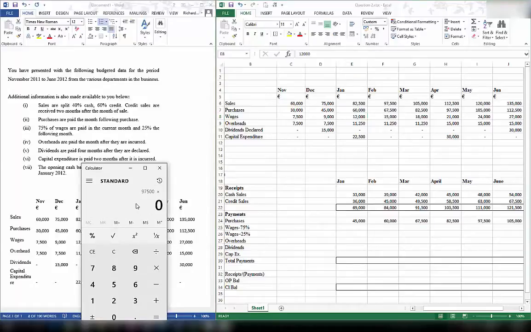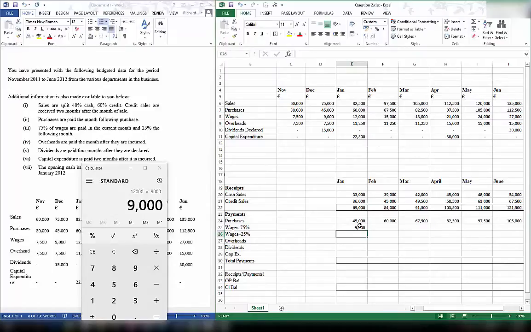So of our 12,000, 75% is paid this month. So 9,000 of our wages is paid this month, but we also have 25% from the previous month, because in December, 25% would have been paid in the following month.